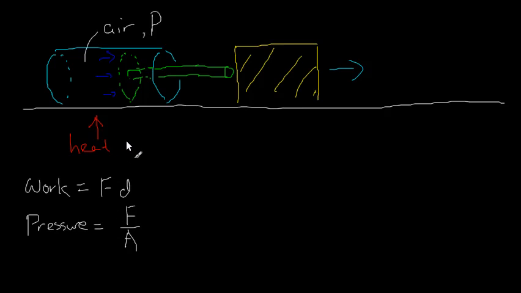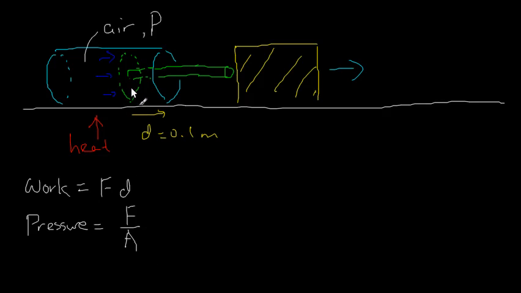So what I'm interested in is, let's say the hot air here has a pressure P, and as it expands, it moves the piston by a certain distance D, let's say 0.1 meter. I want to find out how much work it has done. Now there is another bit of information I need. I need to know the area, right? To find force from pressure, I need to know area.